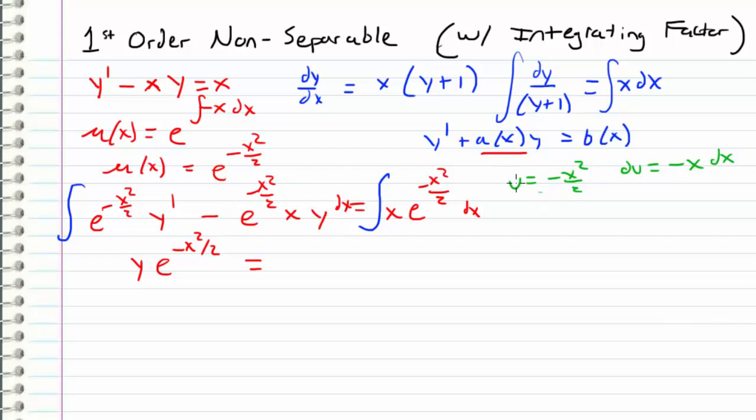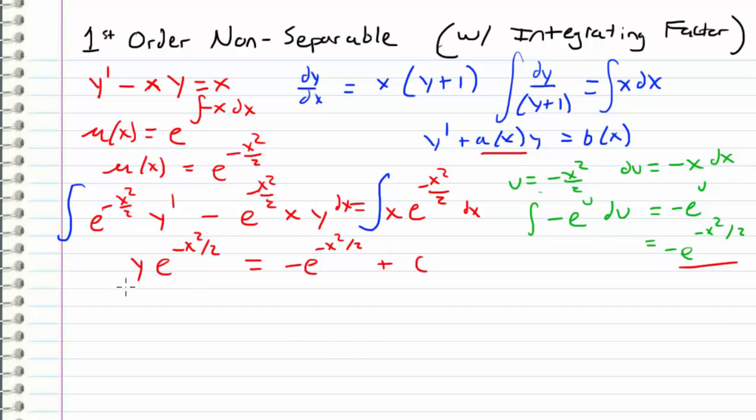So anyway, when we perform this u substitution, what we get is the integral of negative e to the u times du, which just comes out to be negative e to the u, or negative e to the negative x squared over 2. So let's go ahead and write this expression for the integral of the right-hand side, which is negative e to the negative x squared over 2. And we can't forget our c, so we have a plus c.